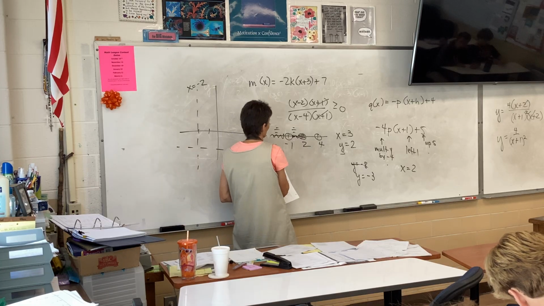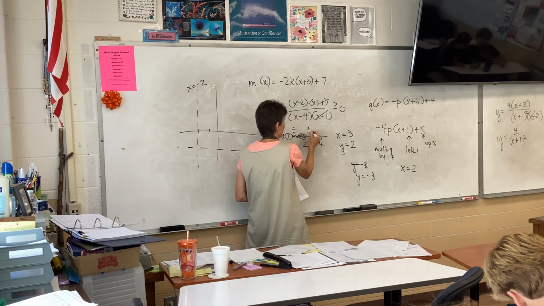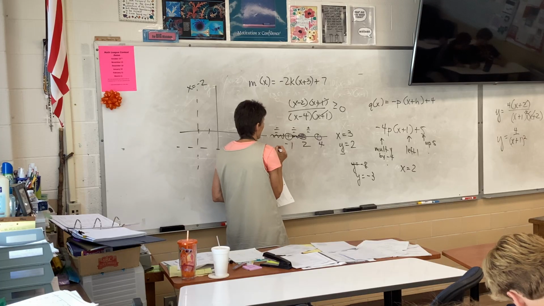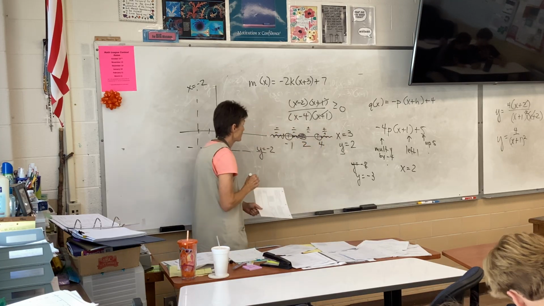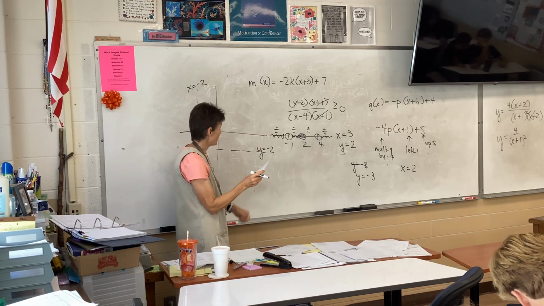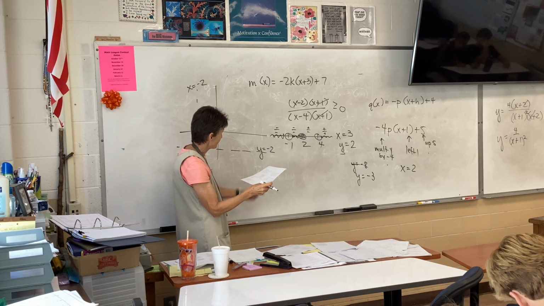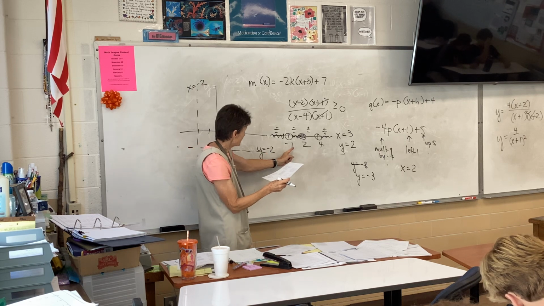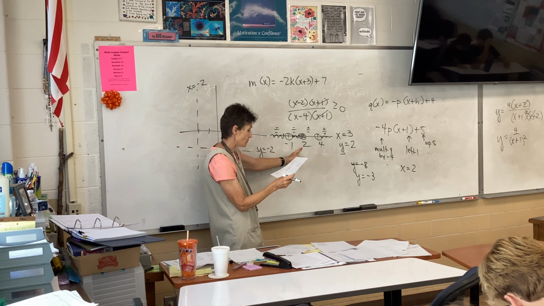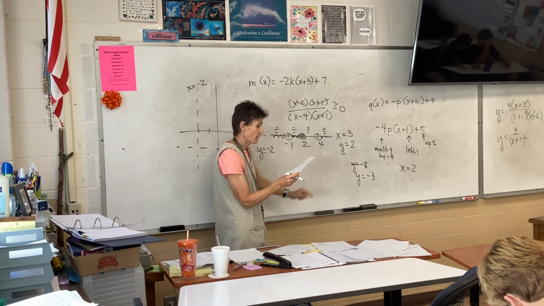If I put in 3, I get positive over negative. That does not. And if I put in 5, it works. So which of those is that? Negative infinity to negative 1. Negative 1 to 2. And for, I think it's D.